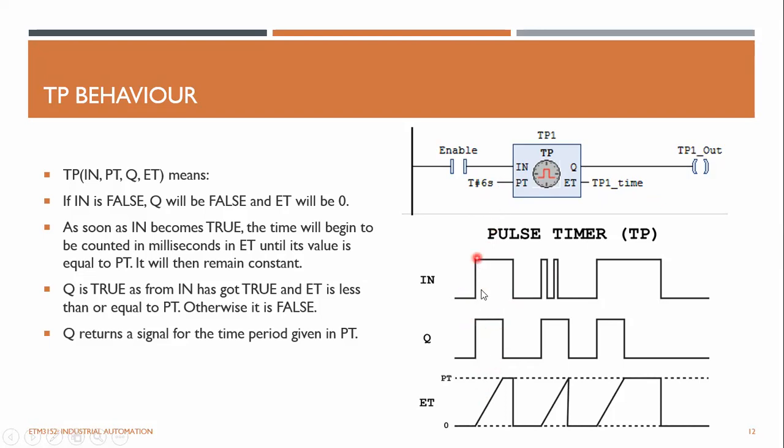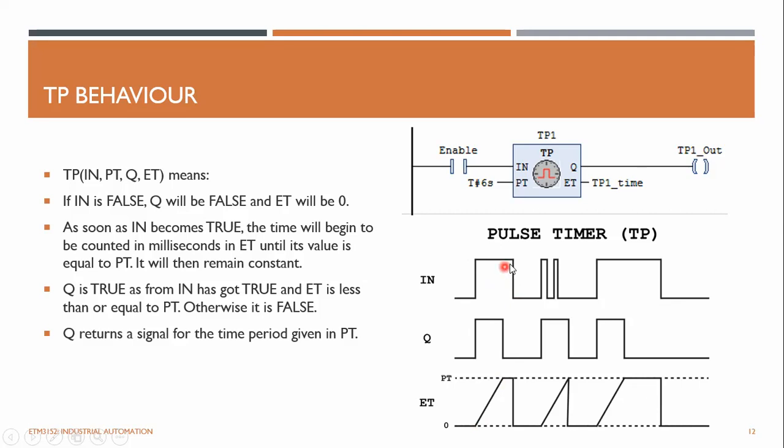So when the input is high, the output goes high, then the elapsed time starts counting right from the same point the input goes high. The elapsed time counts from here, and when it reaches there, the output goes to zero, no matter what happens to the input.